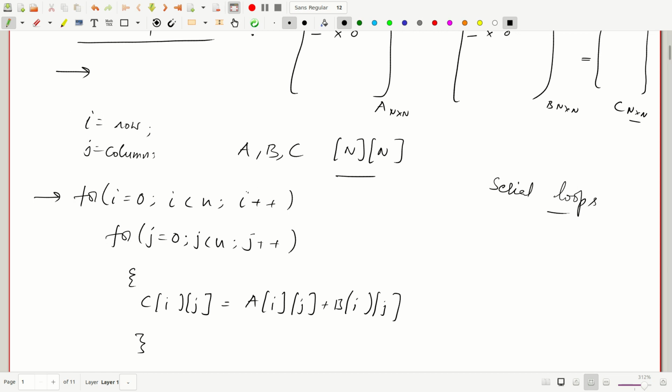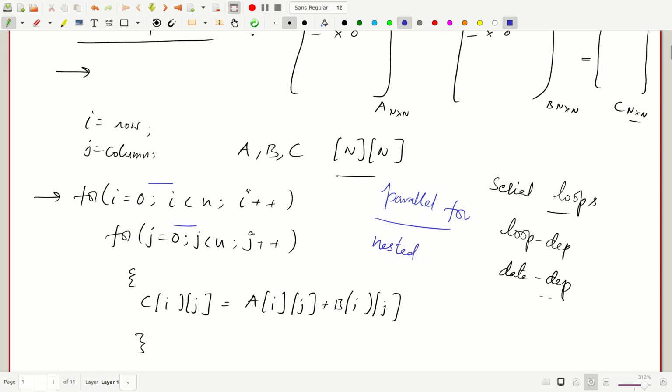Now what if you want to parallelize this? Are there any loop carried dependencies or data dependencies when you try to parallelize them? Let's say we want to use our natural parallelization, that is parallel for. We would like to use this either for the first loop or for the second one. If you do it for both of them, it would become a nested for.